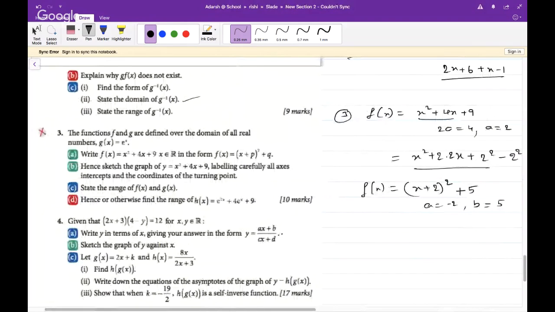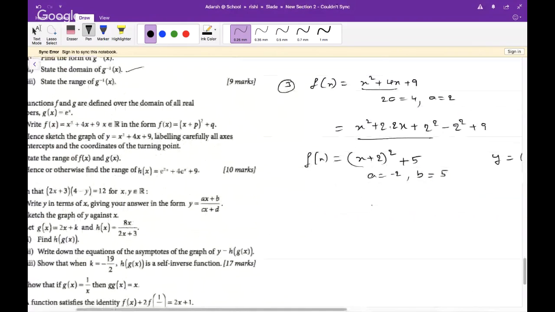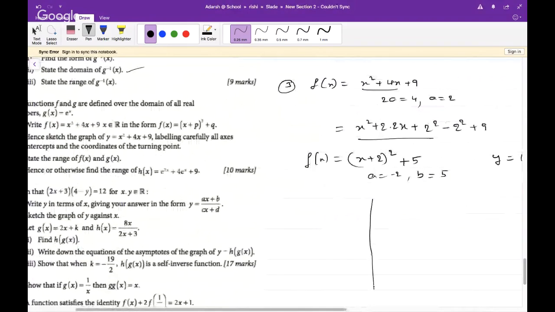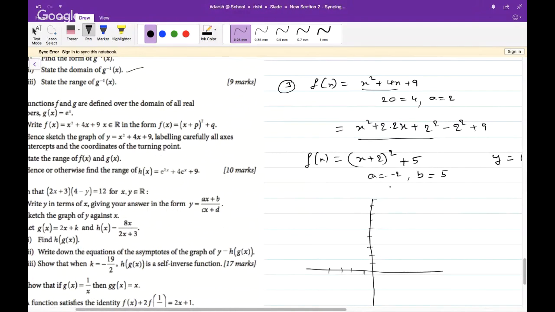We'll use that now. Sketch the graph. Now the vertex is minus 2 and 5. So this vertex is at this place.